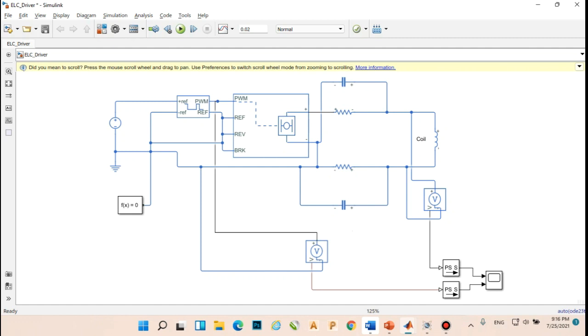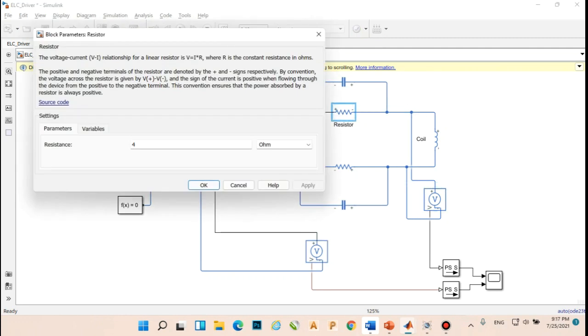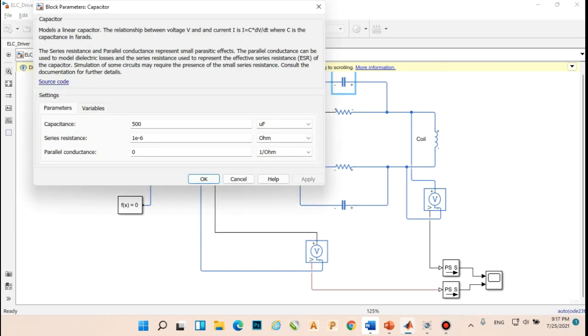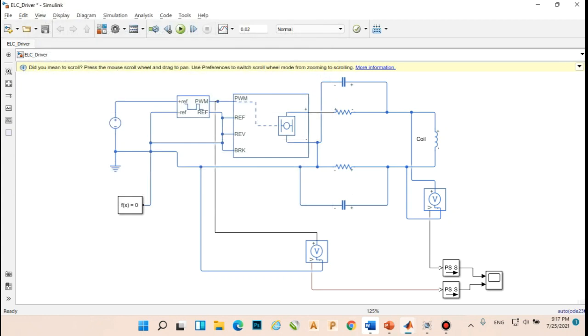We want to drive the coil at minus 24 volt and 24 volt, in two directions. We have two voltage sensors. Our resistor should be about 3.18, I choose 4 ohm and 500 microfarad as the formula.